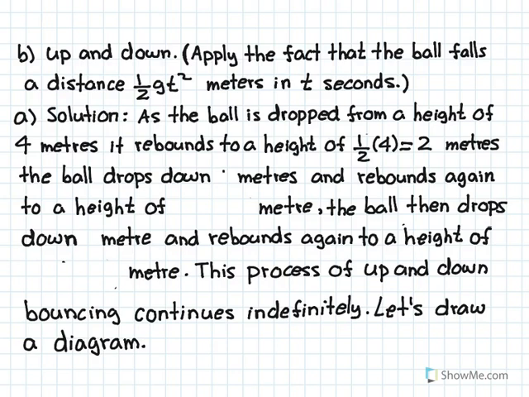So the ball drops down 2 meters and rebounds again to a height of 1/2 the previous drop height. So 1/2 of 2 is equal to 1 meter. The ball then drops down 1 meter and rebounds again to a height of 1/2 times 1, that's equal to 1/2 meter. This process of up and down bouncing continues indefinitely.